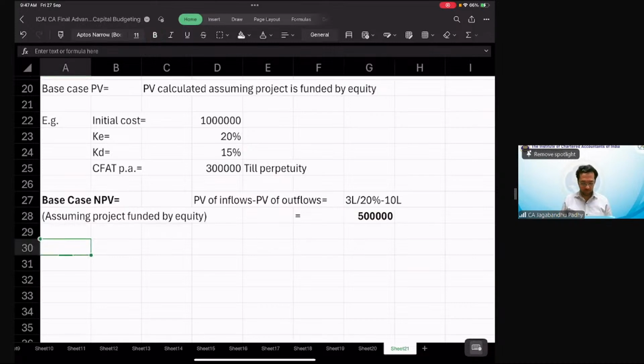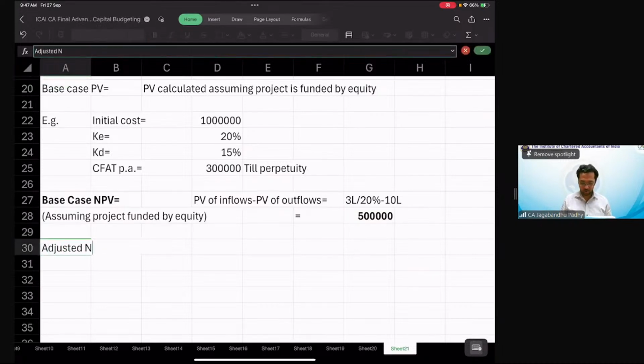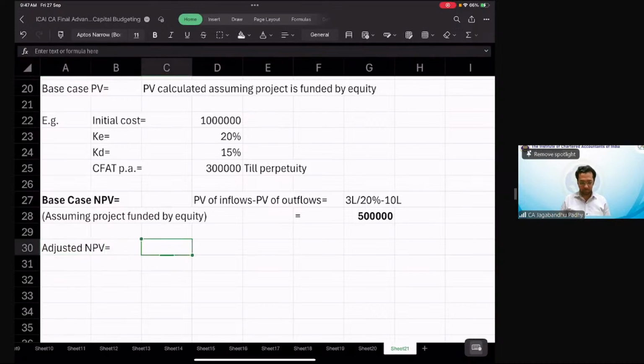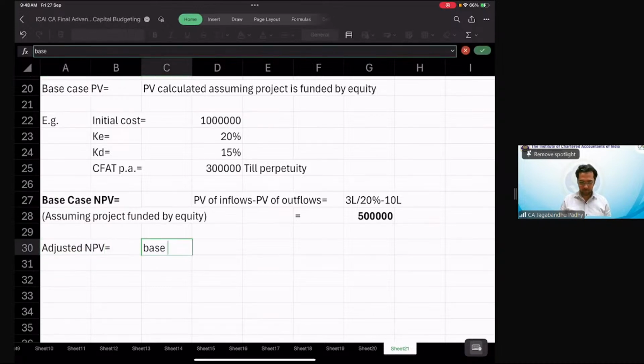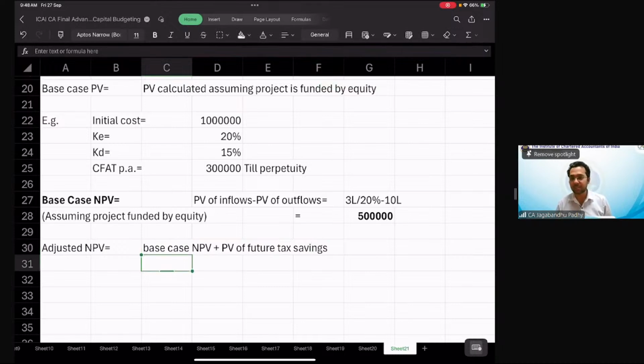Now, what is adjusted NPV? Adjusted NPV, as we said, will be base case NPV plus we will add to that present value of future tax savings.